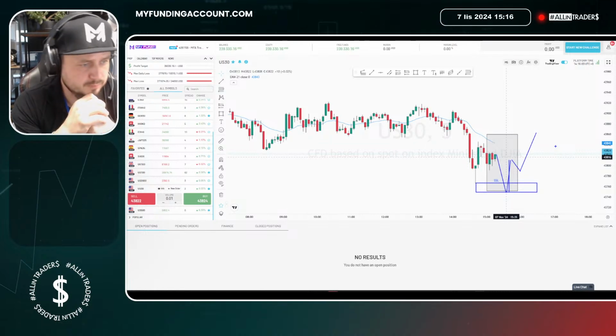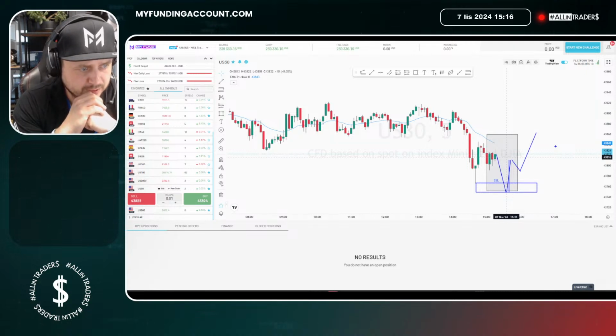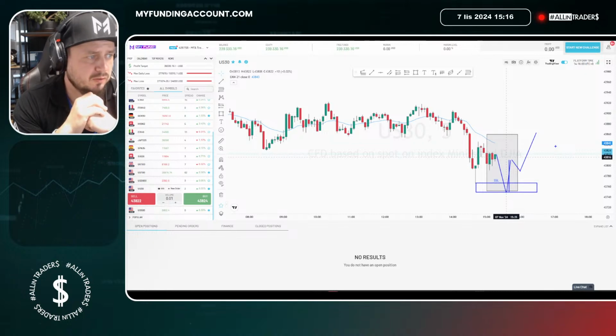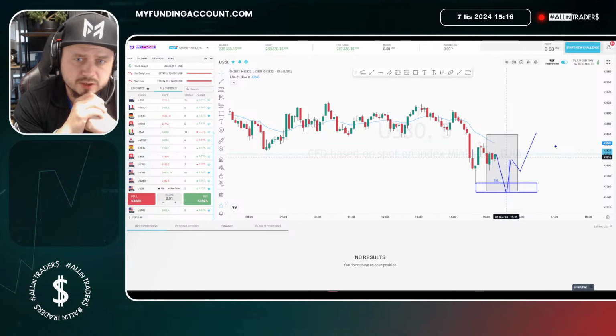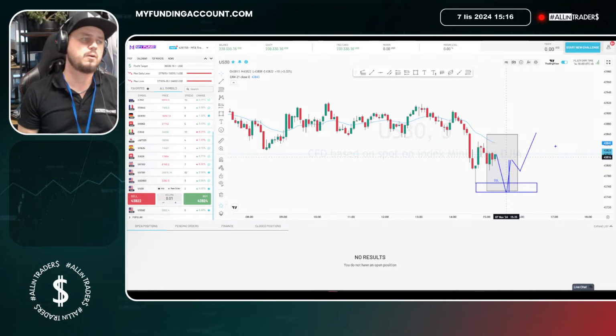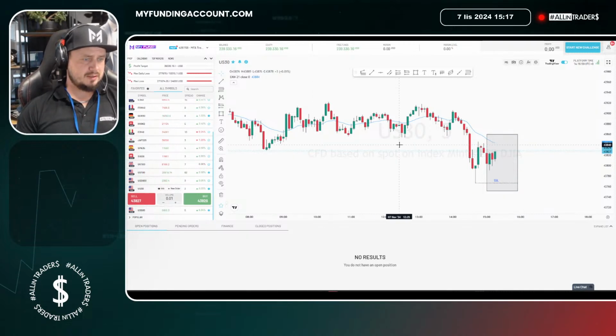But another 15 minutes to wait, and maybe another 30 minutes for the price to get to the liquidity zone for the reaction. So probably next hour I will watch the market. I'm not sure if we're going to stay so long on the session.